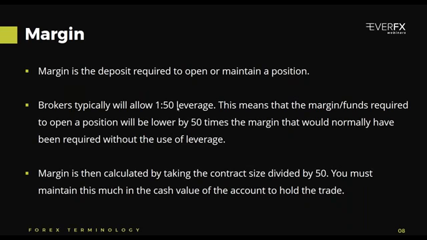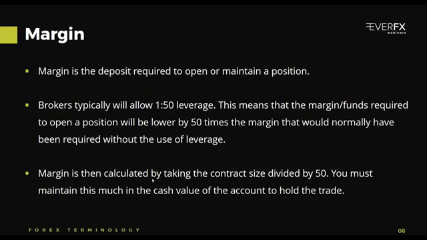The broker typically will allow you a 1 to 50 leverage by default. You need to make a high leverage request, and if you have a certain level of understanding, you might be approved on your leverage. This means that the margin funds required to open a position will be 50 times lower than what you would normally have required.